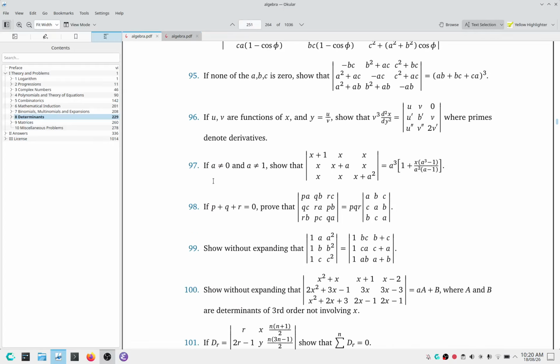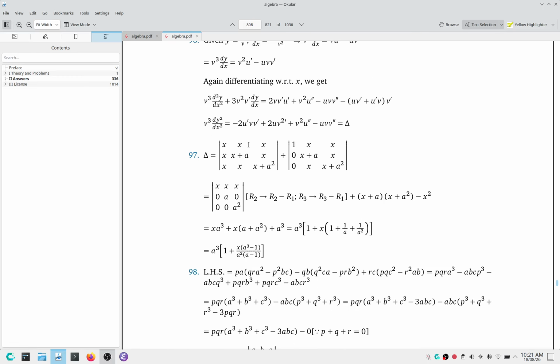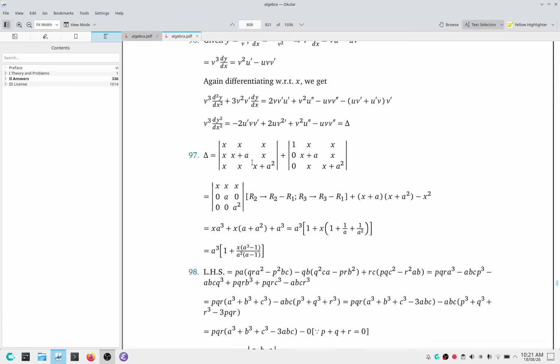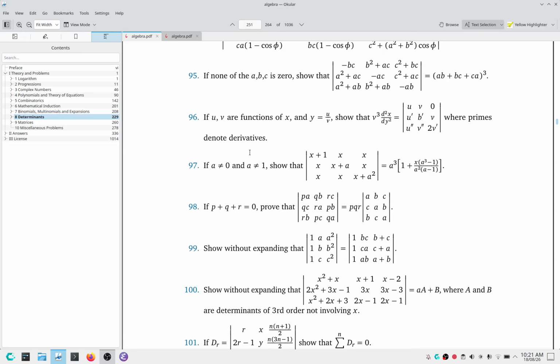Question 97 says that if a is not equal to 0 and a is not equal to 1, show that the determinant with entries x + 1, x + a, x + a² is equal to a³ times (1 + x) times (a³ - 1)/(a²(a - 1)). So we are given this determinant, and what we do is we split along the first column.